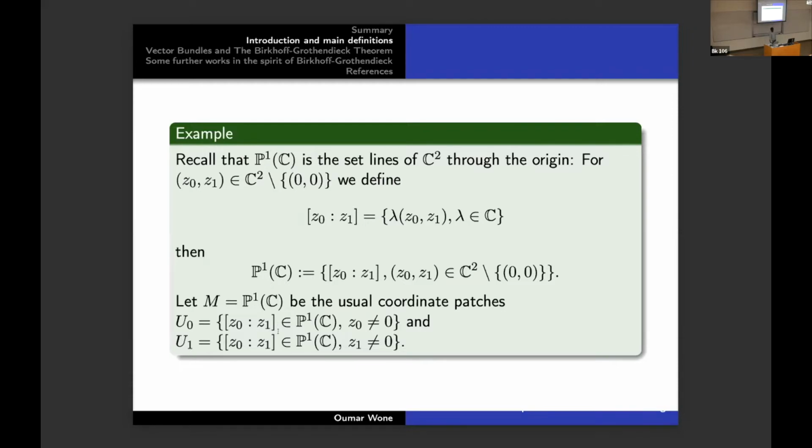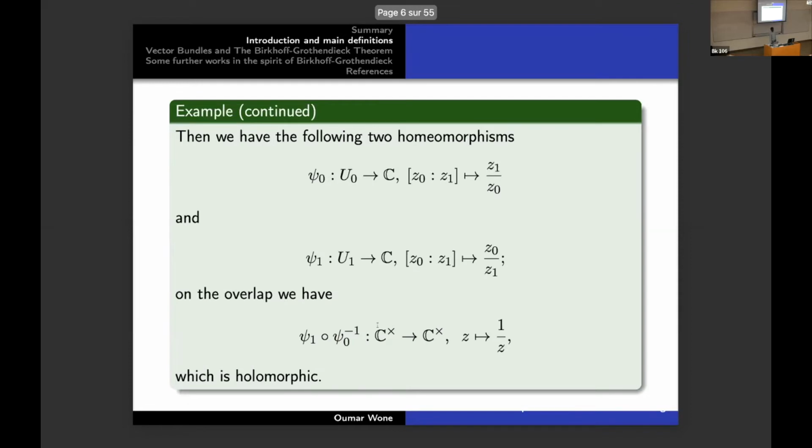And U1 is the set of points with homogeneous coordinates Z0, Z1, such that the second coordinate is non-zero. Then one defines the following two homeomorphisms: psi0 from U0 to C, to a point with homogeneous coordinates Z0, Z1, one associates the quotient.